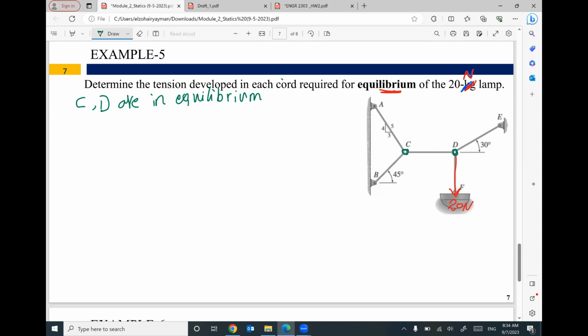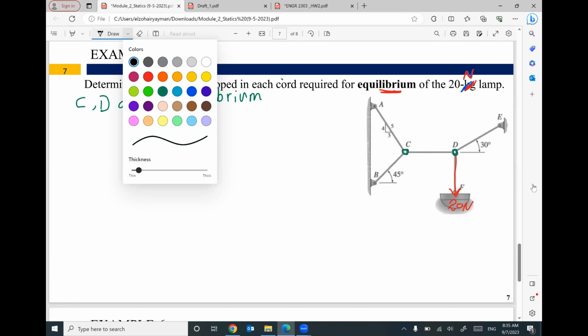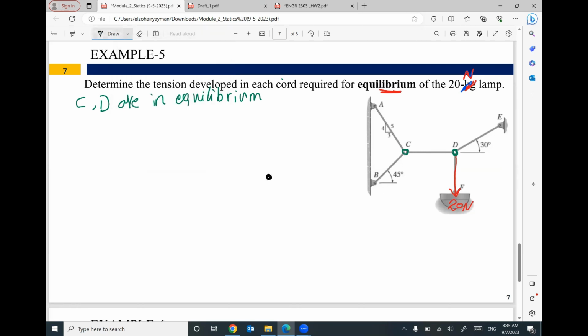So let's start to talk about point D, for example. At point D, I will have a weight equal to 20 Newton. Looks like this. Any weight for any body in this world must be vertical downward.